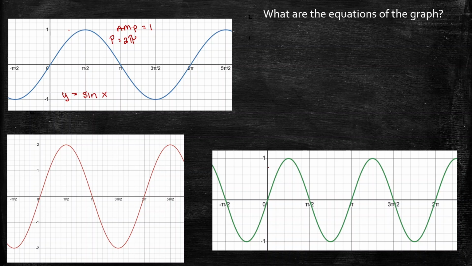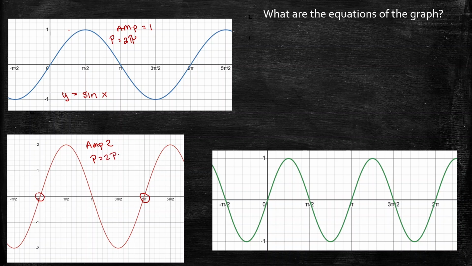Okay. Let's look at a transformation to that now. So this function here starts at 0 again, so it's sine. Now, it could be cosine with a shift of pi over 2, but we're just going to assume that it's sine. Now, I go all the way up to 2, so I have an amplitude of 2. And my period here is still 2 pi. Okay, so period P equals 2 pi.